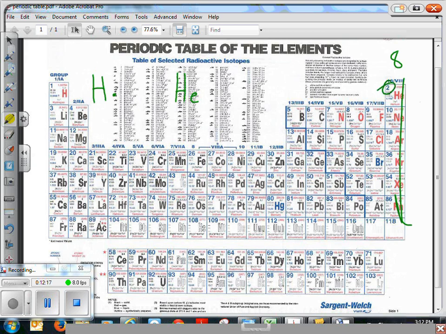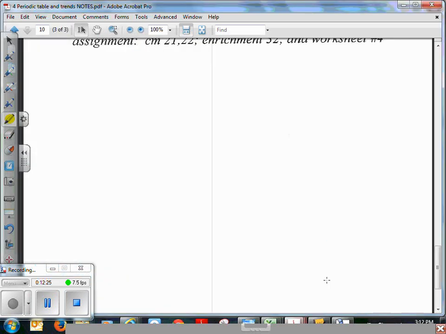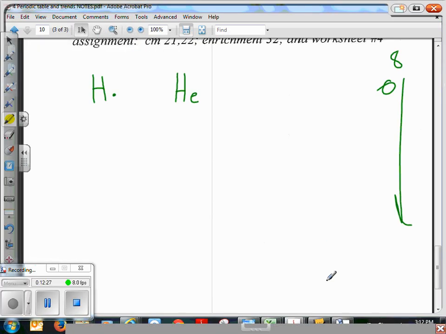Because the atomic number is 2, which is the number of protons, so by default it's got to have 2 electrons. So this is a little bit of a different story here. Helium only has 2, and there they are. So this is the electron dot configuration for helium.